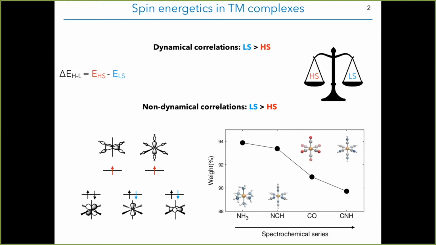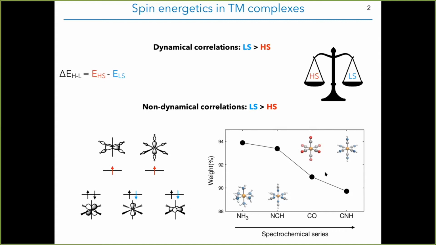Moreover, this multi-configurational character depends on the ligand field strength of the compound. Here, I plot the principal weight of the expansion of the CASSCF wave function for a set of four iron(II) complexes for increasing ligand field strength.